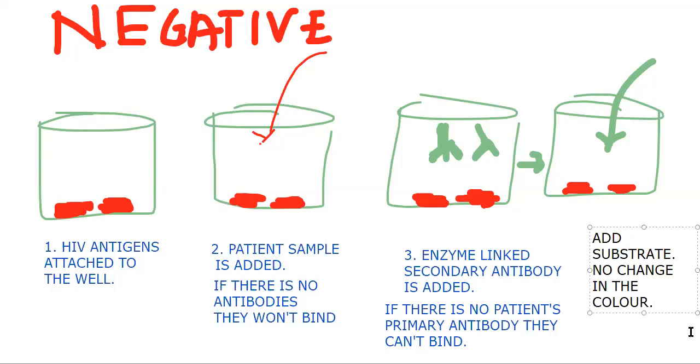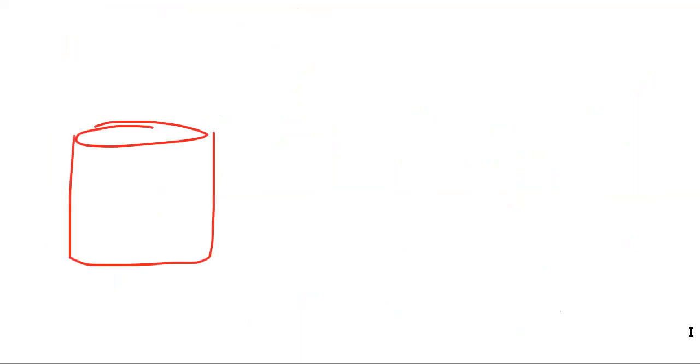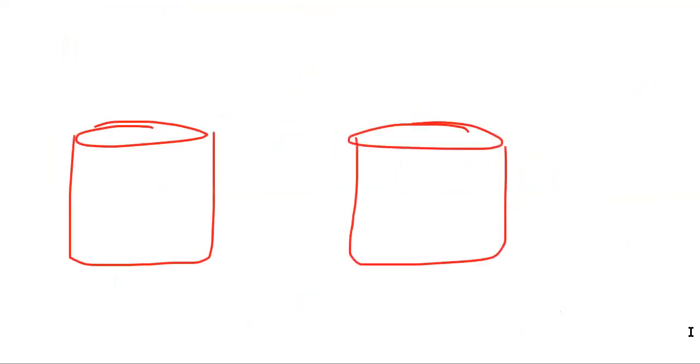Similarly to the previous one, here also I want to show you both positive and negative in one place with bigger diagrams. Antigens are attached to the well. We have HIV antigens in the laboratory, to search for HIV antibodies in the patient.